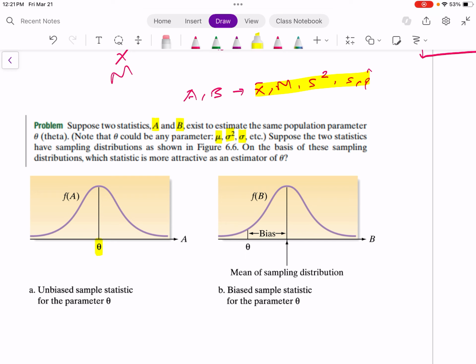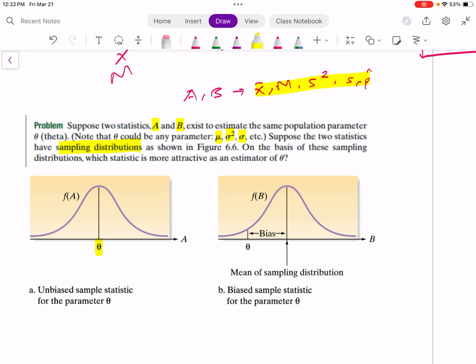Smooth curve means we have this sampling distribution, okay. Now how do we know this is a sampling distribution? This smooth curve can be a probability distribution, or it can be a sampling distribution.